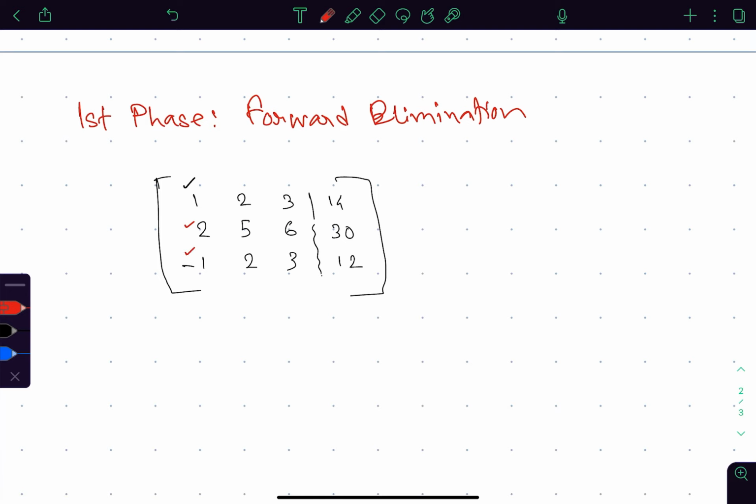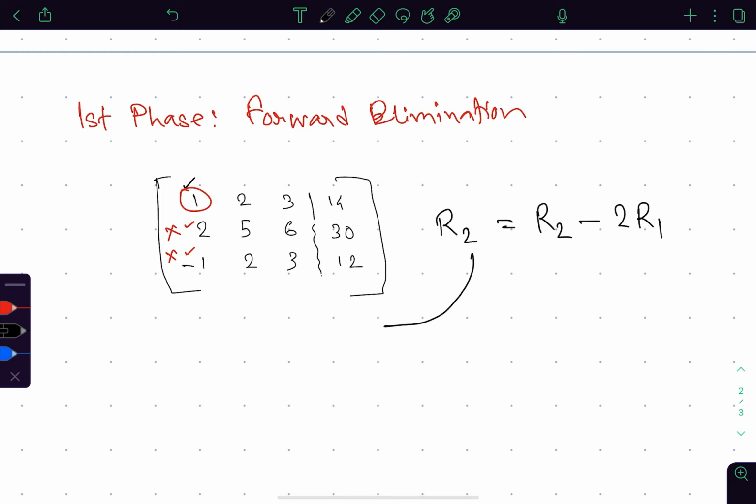For the first row we have got the pivot, but now we need to cancel these 2 elements in the first column. To do that, we'll make some row operations like this: R2 equals R2 minus 2R1.